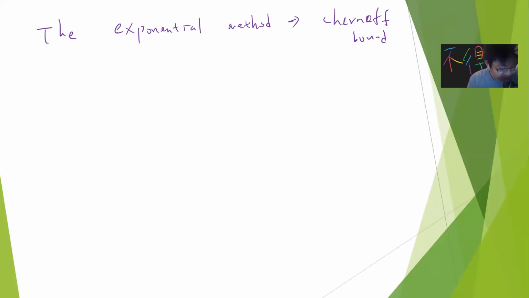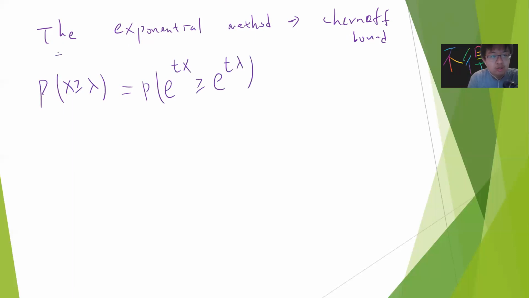Suppose you know every moment, not just E(x) or E(x squared) or something like this, and you want to bound these types of things. Then this is just the same as the exponential of this. So let's say I take some t. By the Markov inequality, you get this.